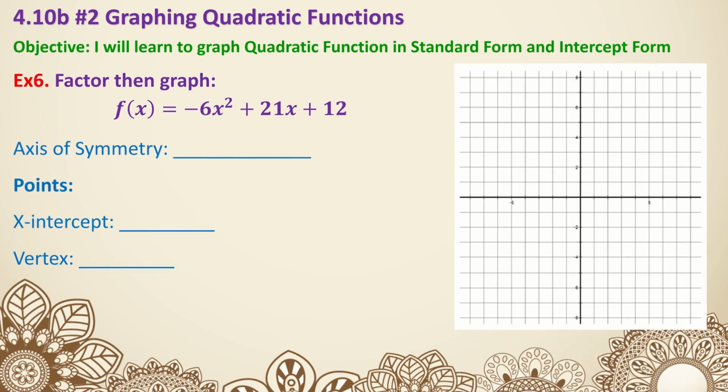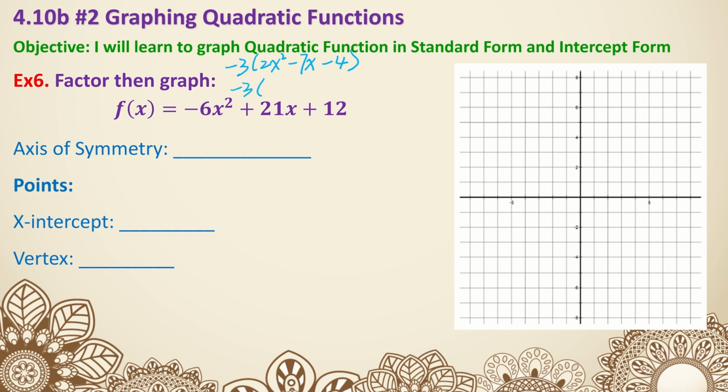Moving on, example 6. This question says factor, then graph. Well, let's factor. We can actually take out a negative 3, then we are left with a 2x squared minus 7x minus 4. You can do your big X or factor by grouping, either way.